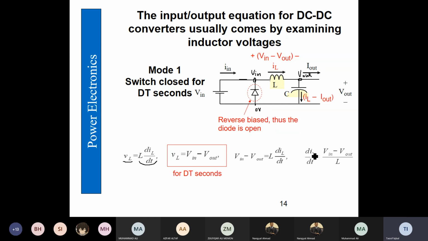We move the inductance value L to the other side, and we get the slope of the current, with which the current is changing. Current rises from a smaller value to a larger value depending upon the duty cycle. Any question on this slide? No, sir.